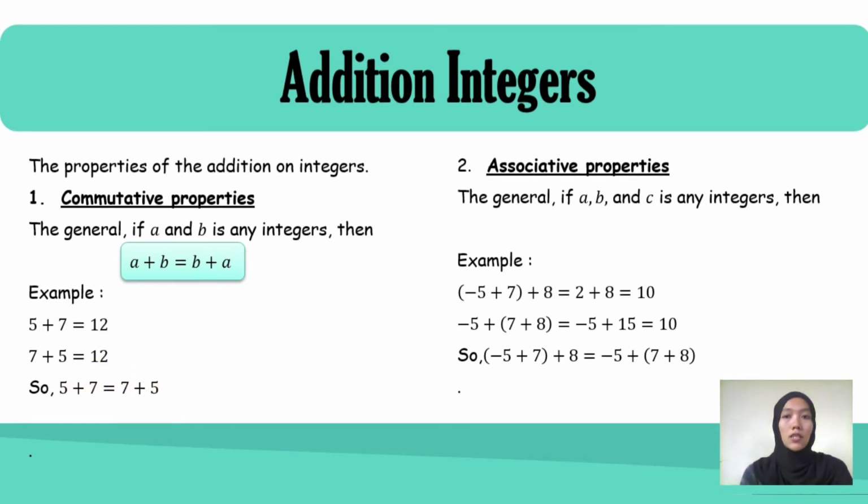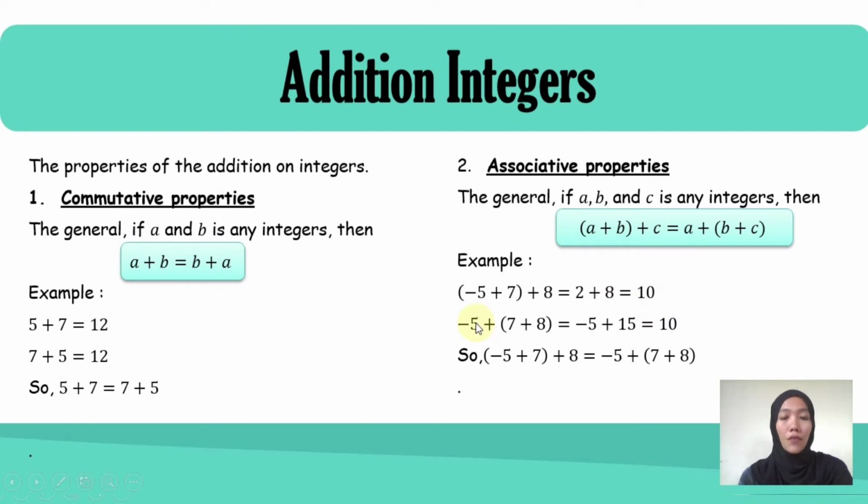The second is the associative property. In general, if a, b, and c are any integers, then open bracket a plus b close bracket plus c is equal to a plus open bracket b plus c close bracket. For example, open bracket minus 5 plus 7 close bracket plus 8 is equal to 2 plus 8 is equal to 10.